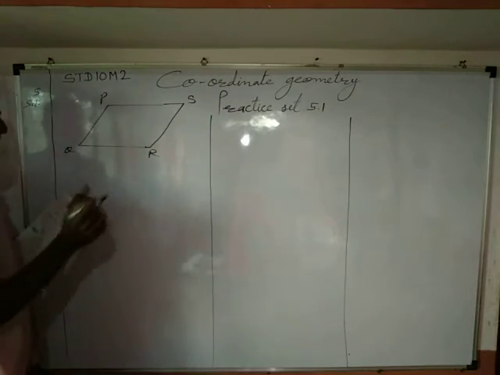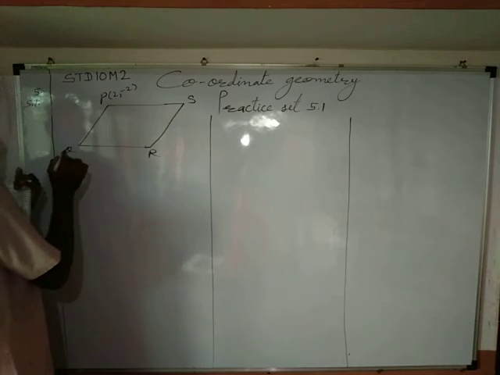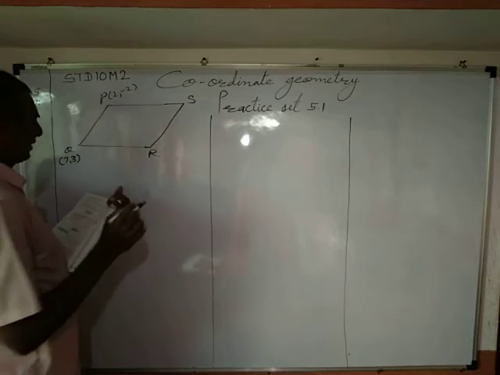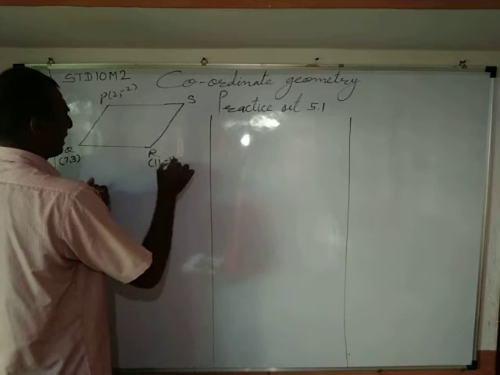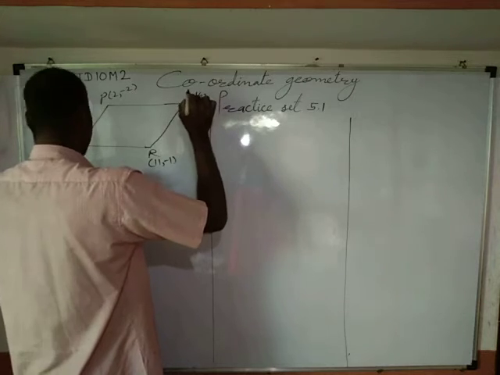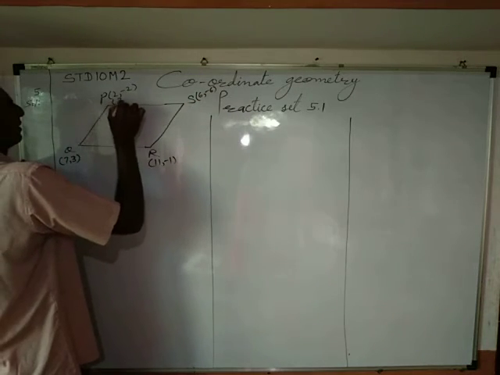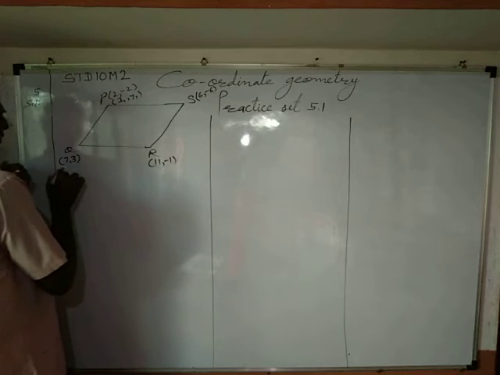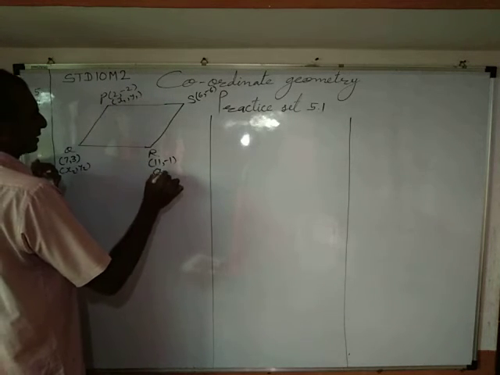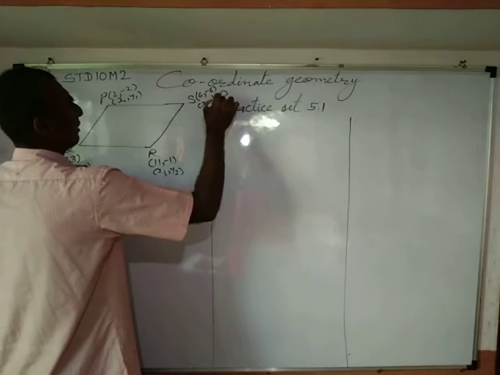Here P is (2, minus 2), Q is (7, 3), R is (11, minus 1) and S is (6, minus 6). Let P is x1 y1, Q is x2 y2, R is x3 y3 and S is x4 y4.